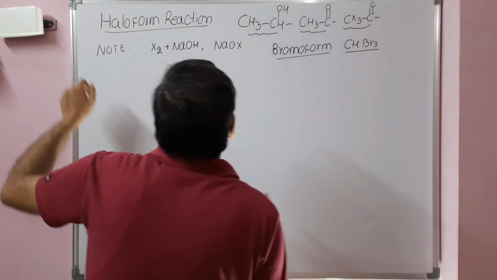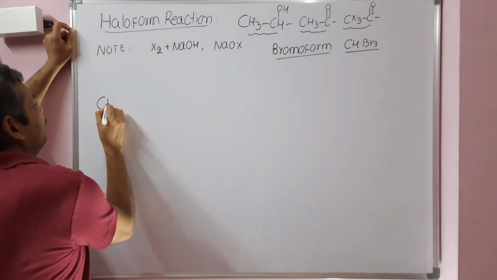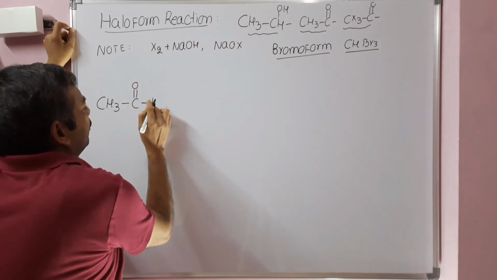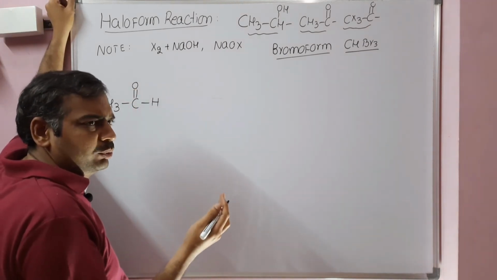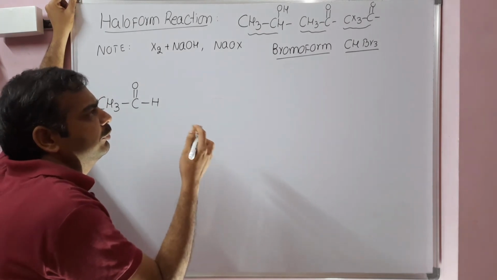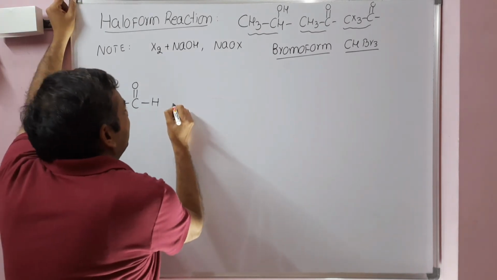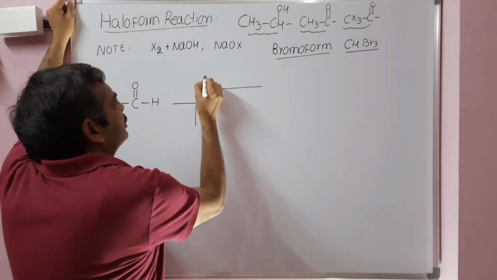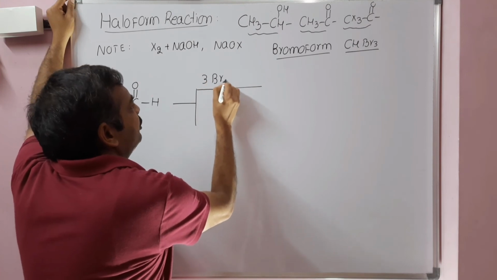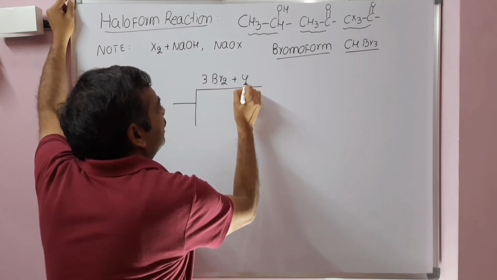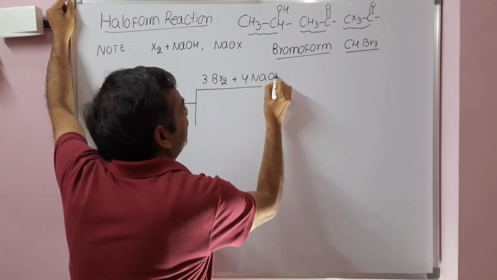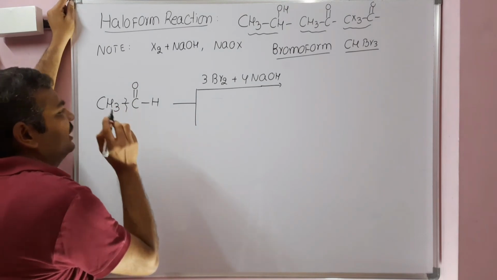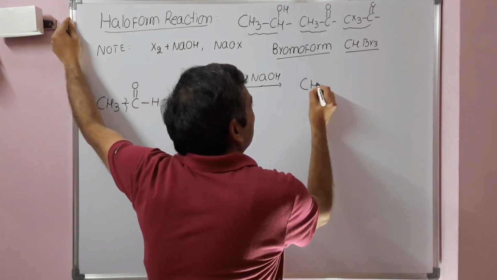Preparation of bromoform from acetaldehyde. Earlier we covered iodoform from ethyl alcohol and acetone, and trichloroacetone. Now bromoform from acetaldehyde. When acetaldehyde reacts with 3 moles of bromine and 4 moles of sodium hydroxide, this part is bromoform and this part is the salt, to give 1 mole of CHBr3.